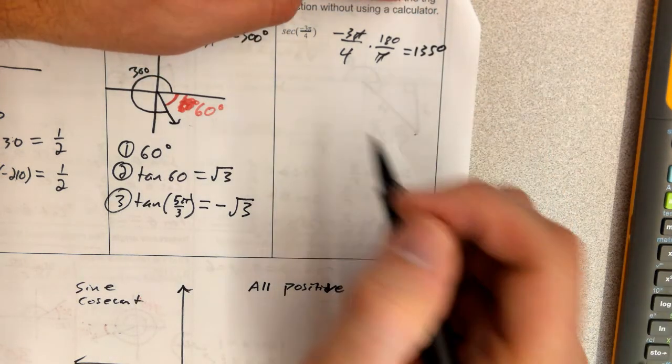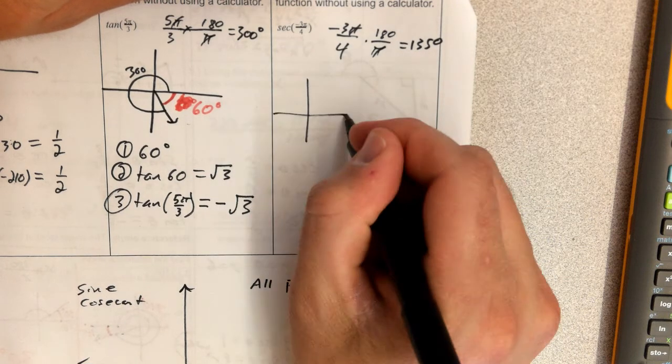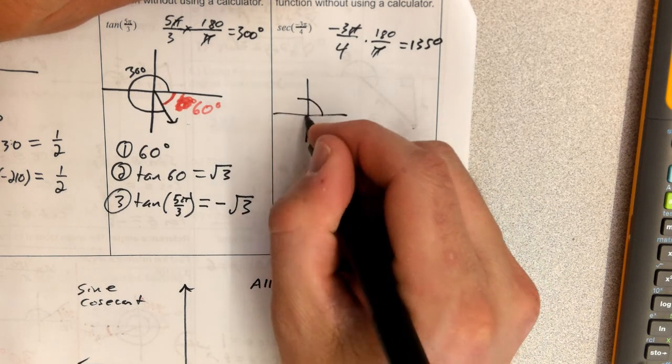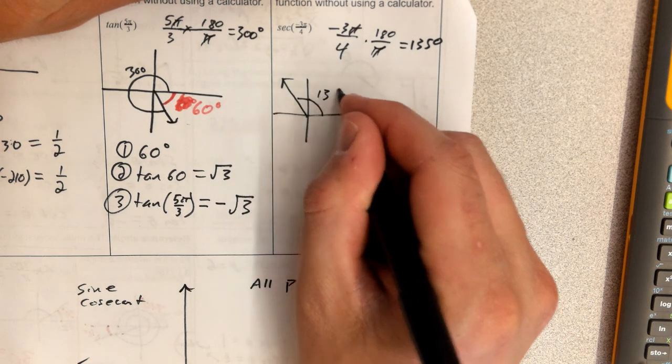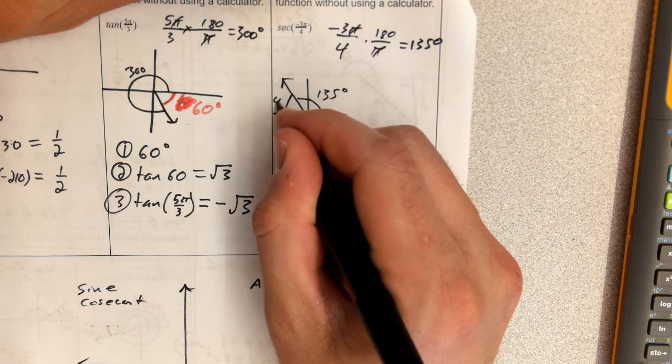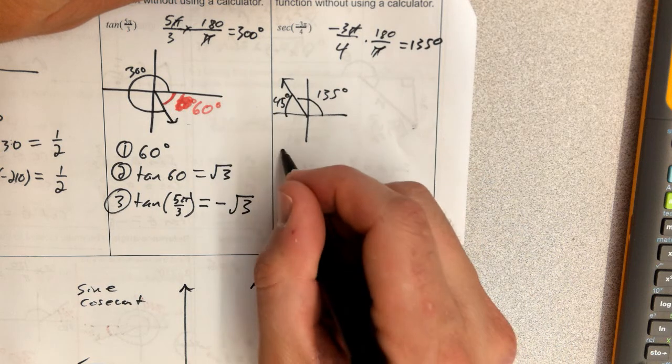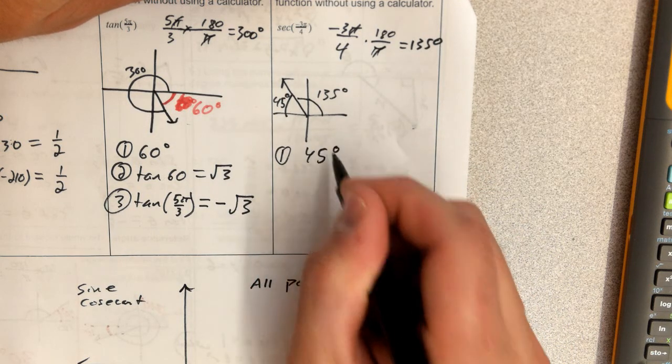All right, so 135 I'll sketch real quick. Here's 90 plus another 45 gives me 135. The reference angle is 45 degrees. So that's step one, figure out your reference angle.